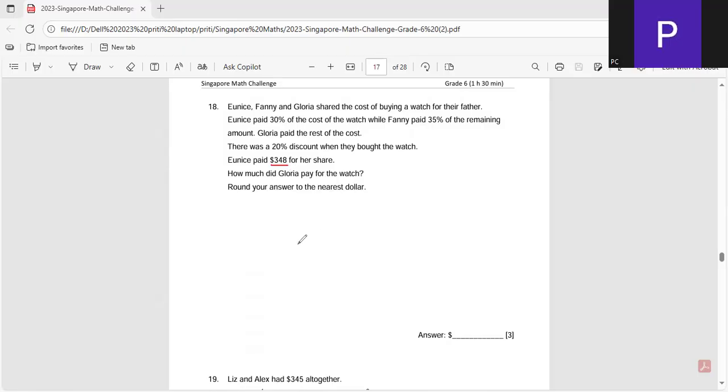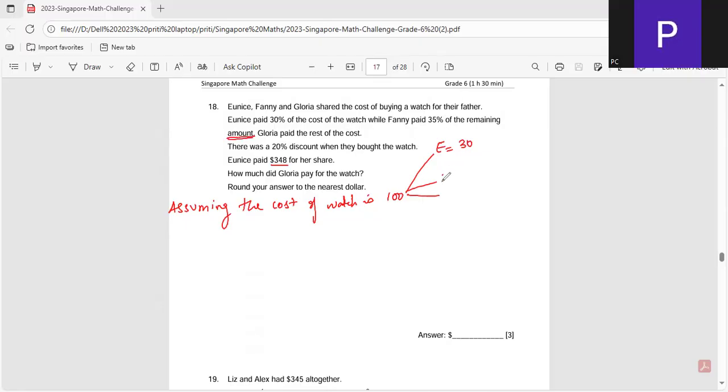So, let's just first calculate the shares. Assuming the cost of the watch was $100, just assuming it is $100. So how much was their share? Eunice's share was 30%, so that means $30, while Fanny paid 35% of the remaining amount.